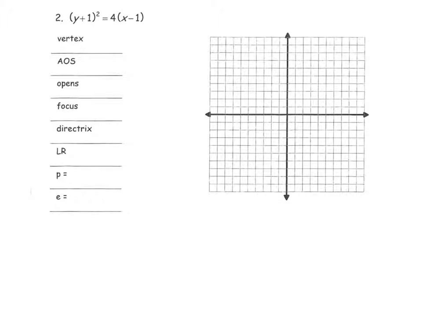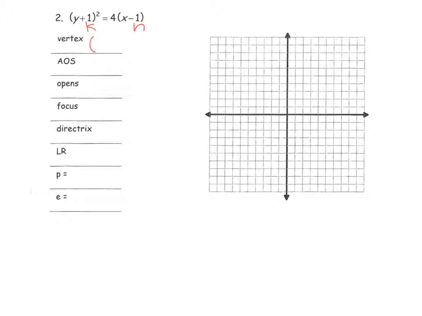Okay, let's take a look at the second example. And this one's already pretty much in standard form. Notice that this time the y is being squared, so that means that this one must open either right or left. So the first thing we're going to do is get the vertex. The vertex comes from the h and the k. So the h goes with the x value, the k goes with the y value.